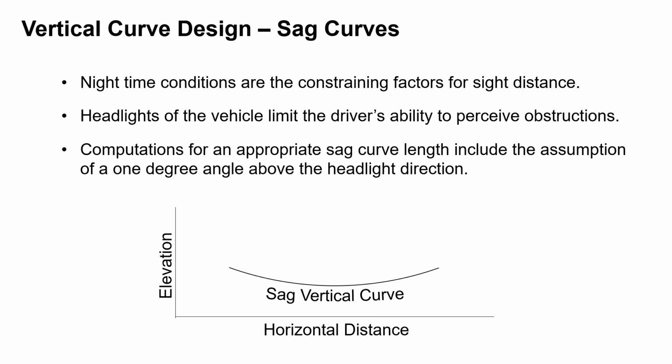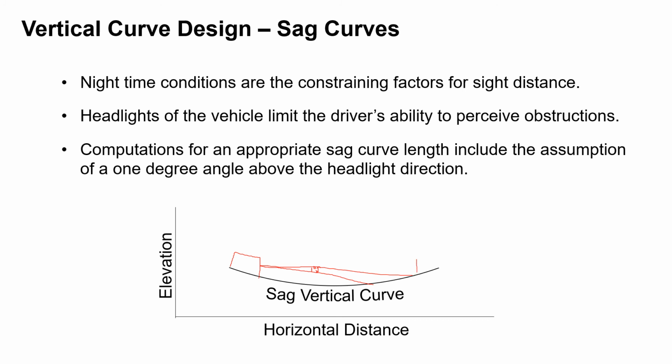So for our sag vertical curves, here would be the straight portion of the headlights. We're going to assume a 1 degree deviation there to see what's on the other side of the curve.